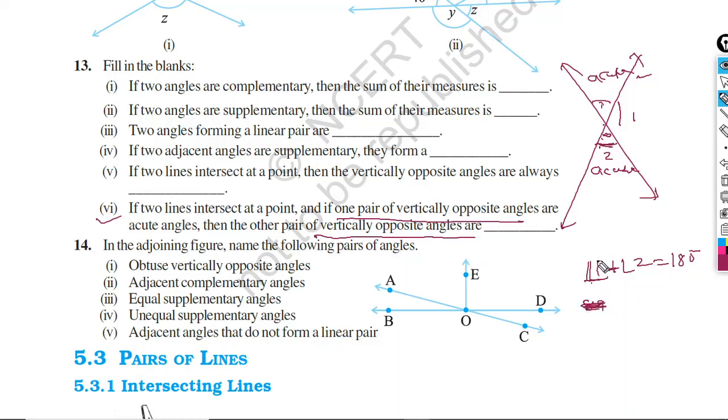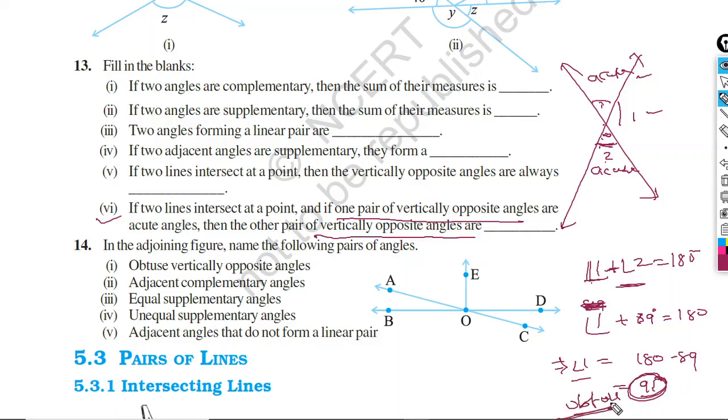Angle 1 plus 89 equals 180 degree. Now angle 1 will be equal to 180 minus 89, which will be equal to 91 degree. So what type of angle is 91? Obtuse angle, isn't it? So angle 1 is obtuse angle.